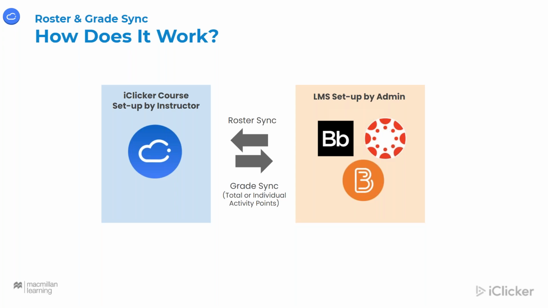First of all, RGS is currently only available for Blackboard, Brightspace, and Canvas. So it doesn't support Moodle or Sakai yet. We may be expanding support to other LMSs in the future, but at this time we have RGS limited to these three options.